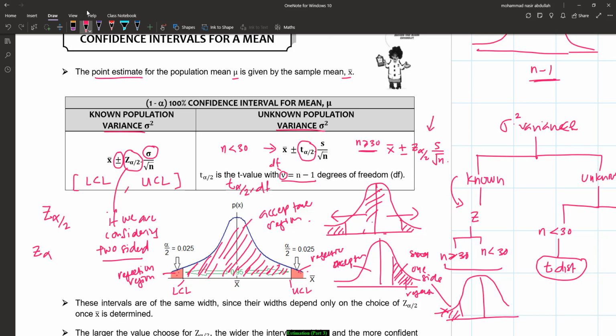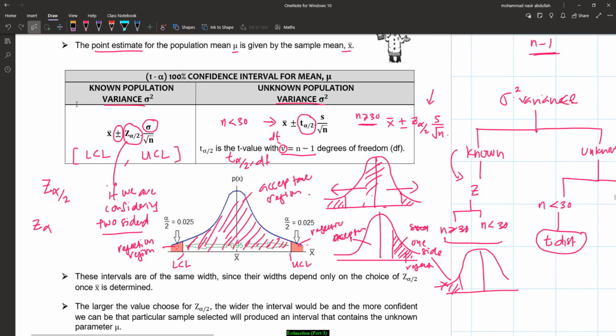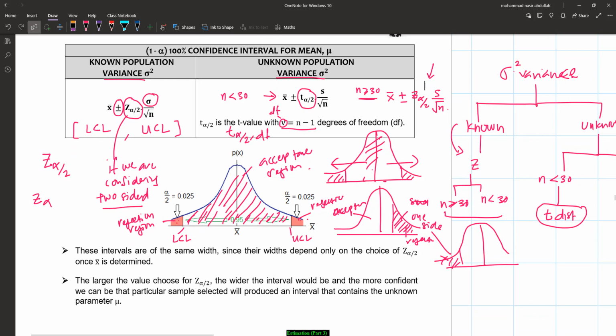Why are we using this one? Because it's based on the central limit theorem. When the sample size is increased or large enough, the distribution is approximately a normal distribution. So I hope you understand this one. Very simple, and I explain slowly. Right. So now let's look at the next step.